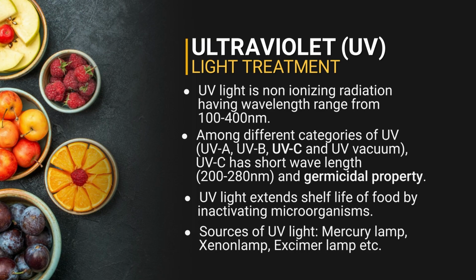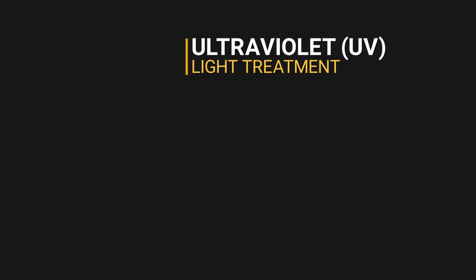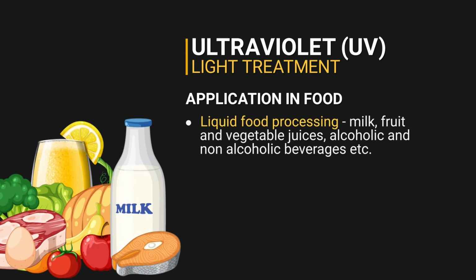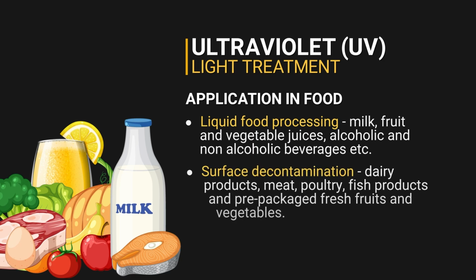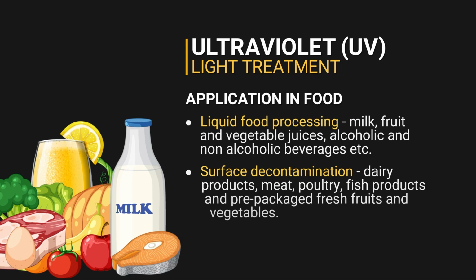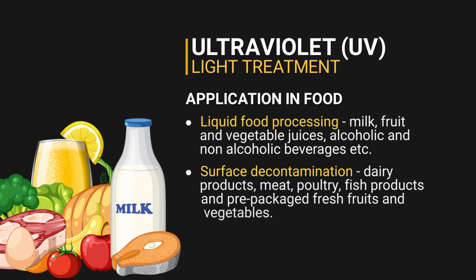On the same line, there is another technology using ultraviolet light exposure to the food for the purpose of disinfection. UV light is a non-ionizing radiation, and the range of wavelength that can be applied is 100 to 400 nanometer.